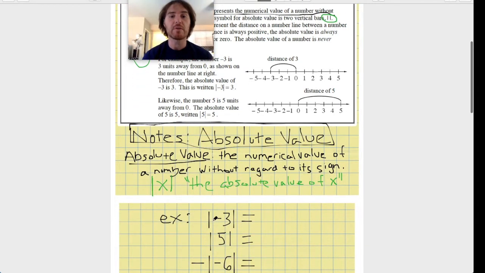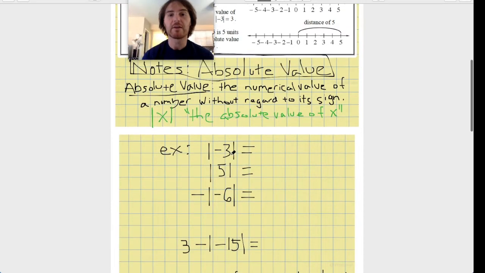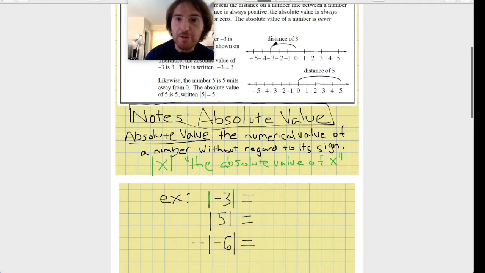So let's look at this within the context of actual numbers and get a little more complicated down here. Just a few examples. How would we say this in words? Say it along with me. Have some fun. This is the absolute value bar. So this means the absolute value of -3. And what's our answer here? Well, -3 is actually 3 away from 0. Because distance is always positive, that's one way a lot of people think of absolute value.